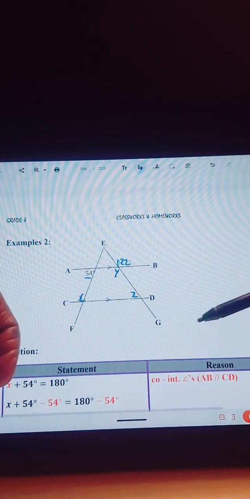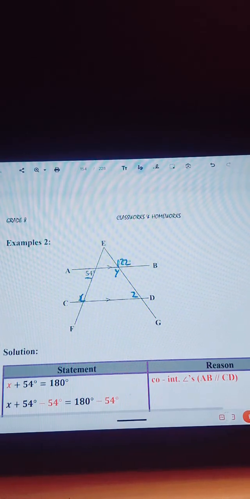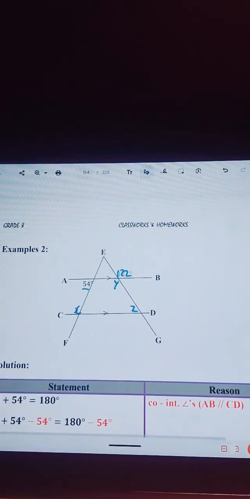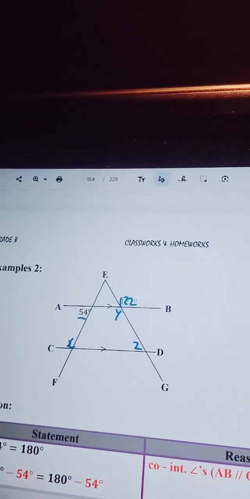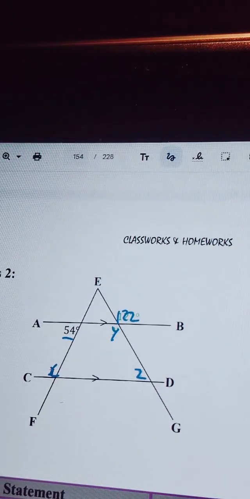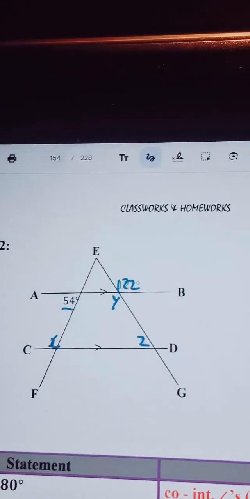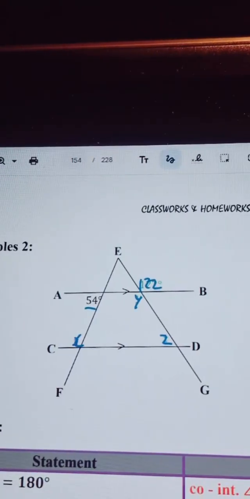So which one can we start with here? Starting with Y seems to be the more favorable.